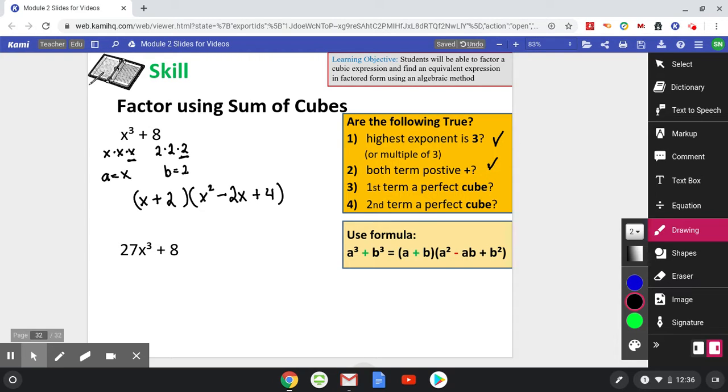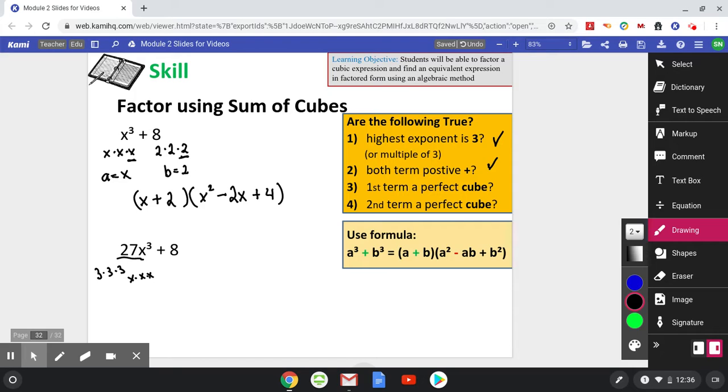Third step, is the first term a perfect cube? Again, is there a number that we can multiply times itself twice and get, in this case, 27? 3 times 3 is 9, times 3 is 27. 27 is a perfect cube. However, we also have to check that the x cubed is a perfect cube. x times x times x gives me x cubed, and I'm multiplying x times itself twice, so it is.